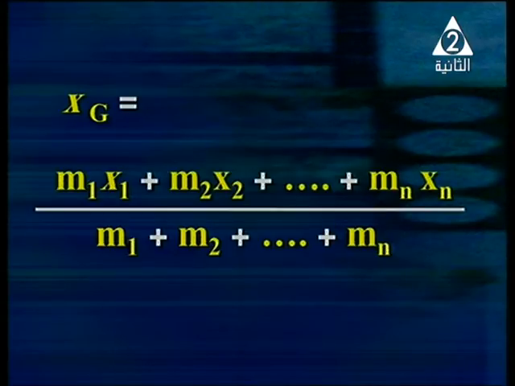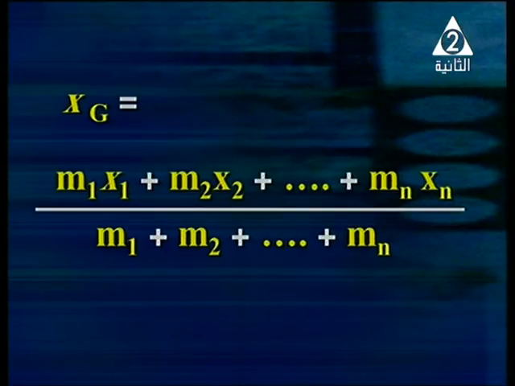This is xG. The position vector consists of two components, x and y: xG, yG. xG equals m1 x1 plus m2 x2 up to mn xn over the sum of masses m1 plus m2 up to mn.